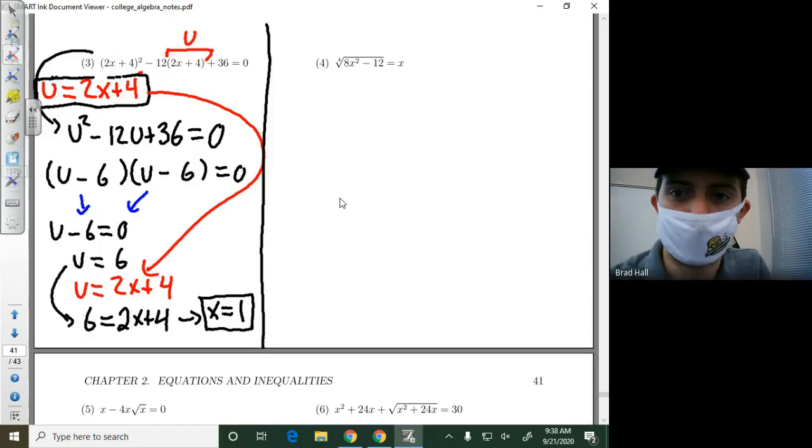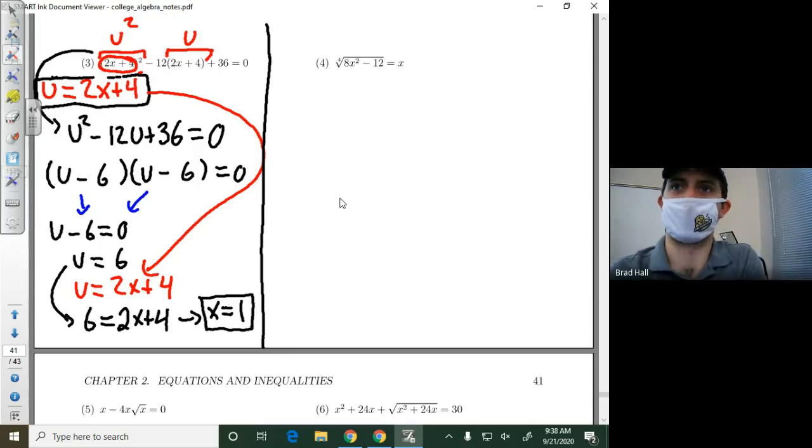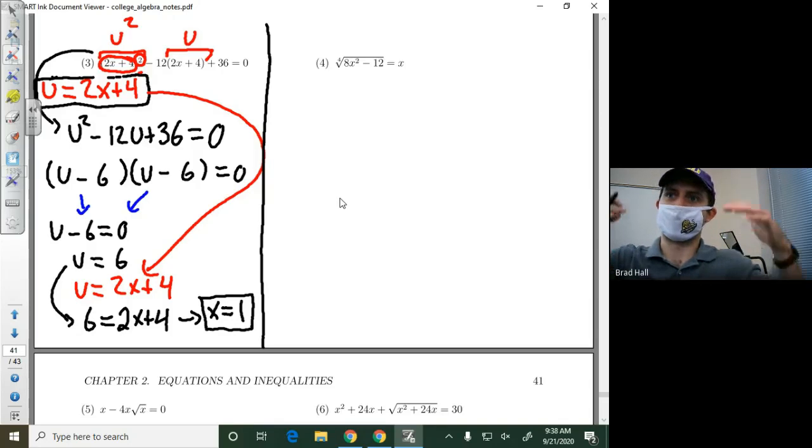But then what happens when there's a 2x plus 4 squared? Well, we said that 2x plus 4 on its own is u. And then, hey, look, there's just a square that happens to be there right here. So it's kind of a nice extension. We're utilizing the pattern for the substitution. So that's where it's coming from.